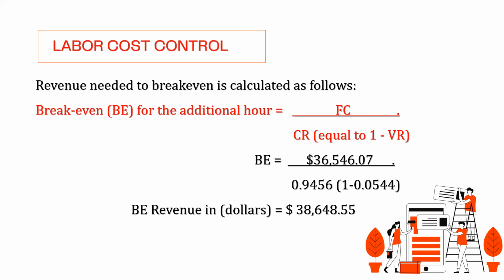So it's 1 minus 0.0544, which gives you 0.9456. You divide the 36,546.07 by that, and that gives you a break-even revenue in dollars of $38,648.55. And this is how much you would need to make in revenue dollars to break even.